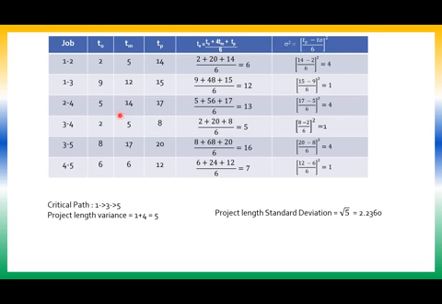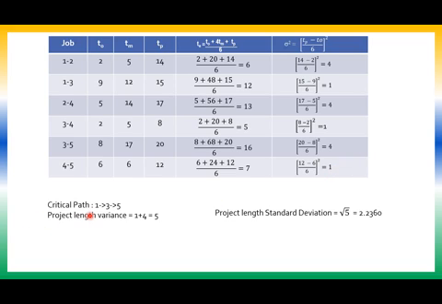Then 8 minus 2 is 6, 6 by 6 is 1, 1 square is 1. Then 20 minus 8 is 12, 12 by 6 is 2, 2 square is 4. Then 12 minus 6 is 6, 6 by 6 is 1, 1 square is 1.